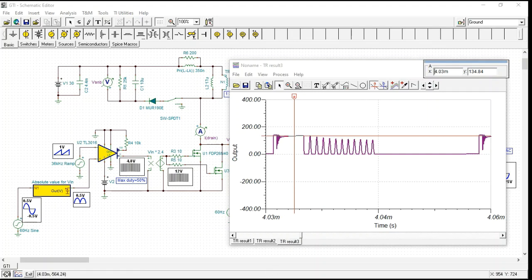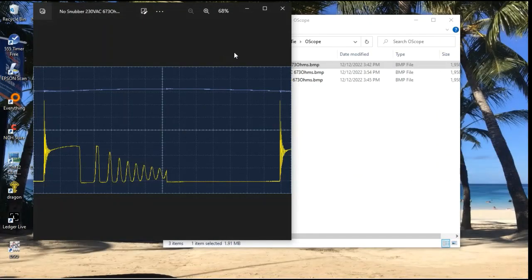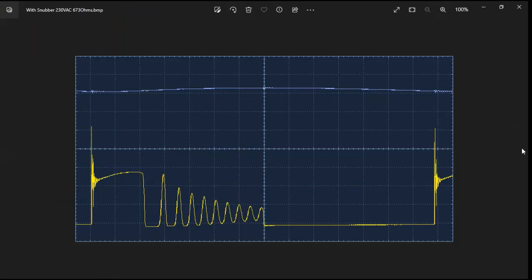Because if you look at the actual data, now this is with the snubber, okay? With the snubber, we're about 50, 100, 150, 200, 250, it's about 265.